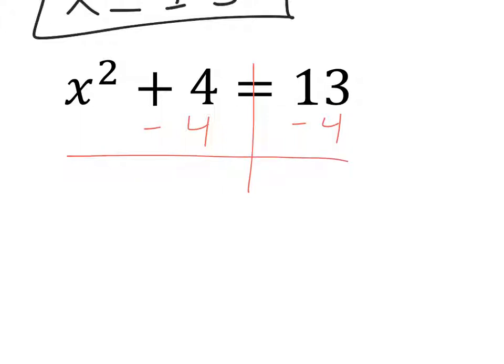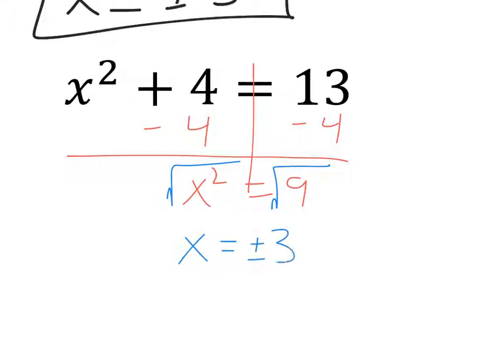Then we end up with x squared equals 9. At this point, we can take the square root because our x squared is isolated, and we end up with our two solutions being x equals, the square root of 9 is positive 3 and negative 3. So we have x equals plus or minus 3.